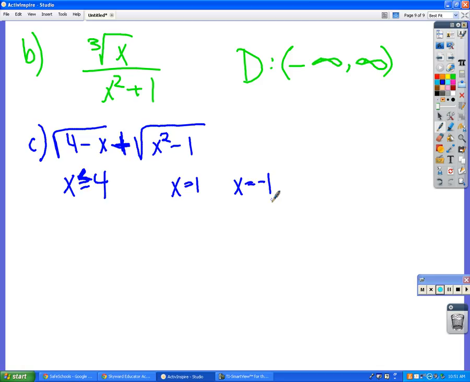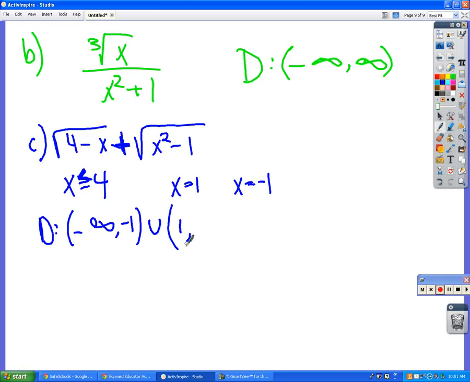Okay? So my domain for this would be from negative infinity to negative 1, and then I have to skip everything between negative 1 and 1, because if I plug in 1/2 here, that would be 1/4, and 1/4 minus 1 is negative, and that's no good.